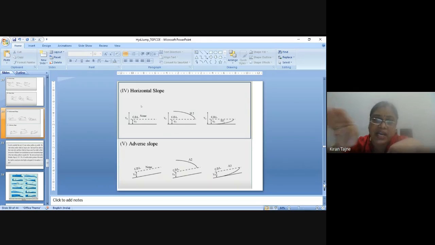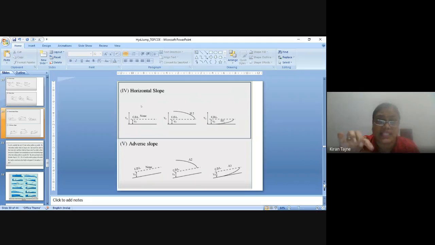So here it is rising. In earlier cases, for critical, mild and steep slope, the bed slope is falling, and in adverse slope it is rising. So here again the normal depth line is not shown, there is only critical depth.